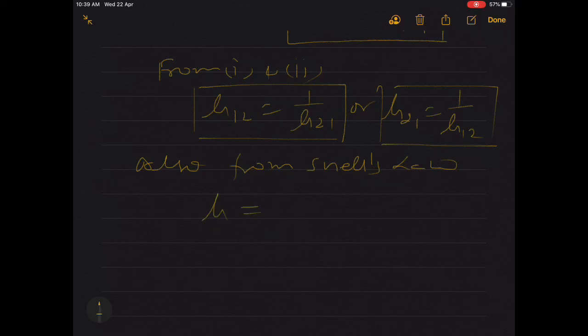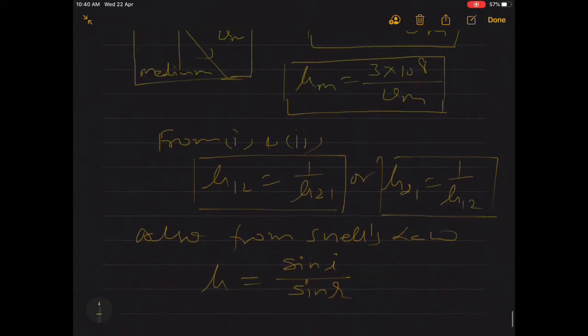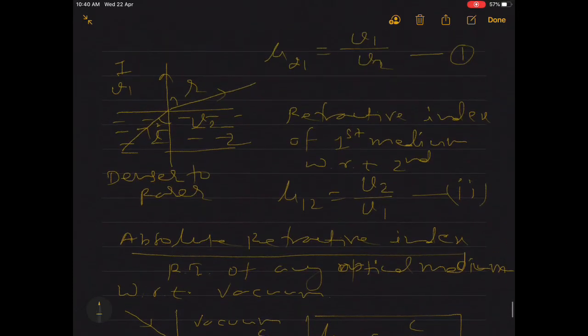Mu is equal to sin i upon sin r. So this sin i upon sin r is the ratio of the sine of the angle of incidence to the sine of the angle of refraction, that you can see in both mu 1 2 and mu 2 1 also.